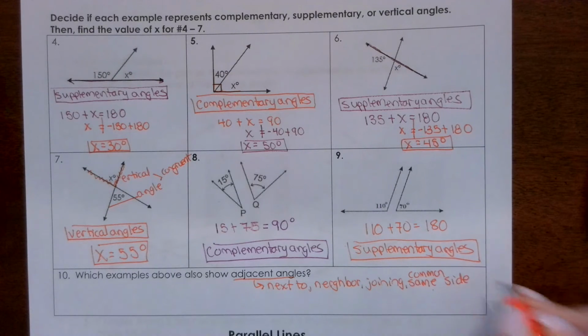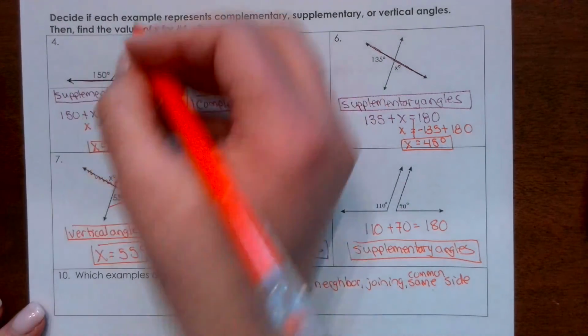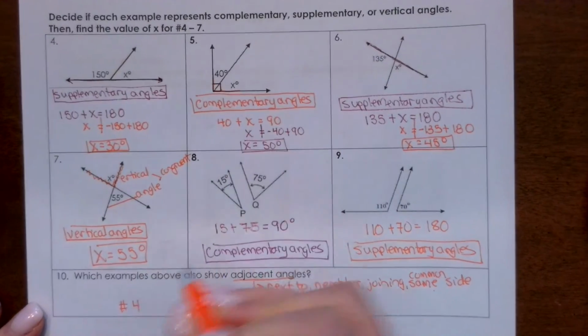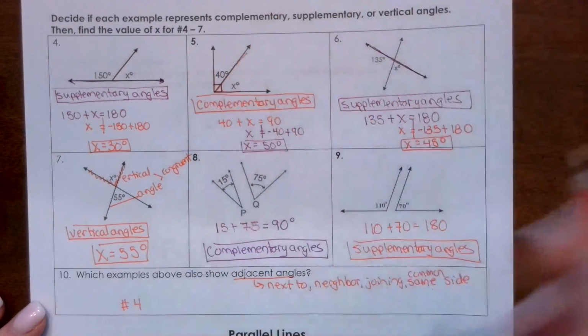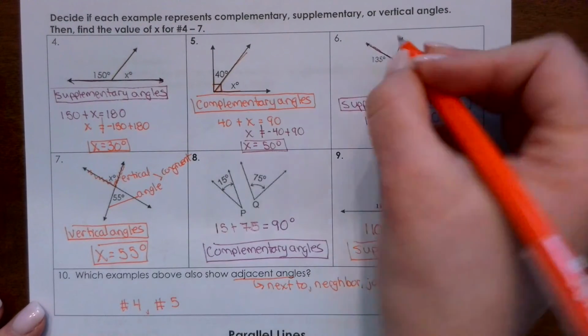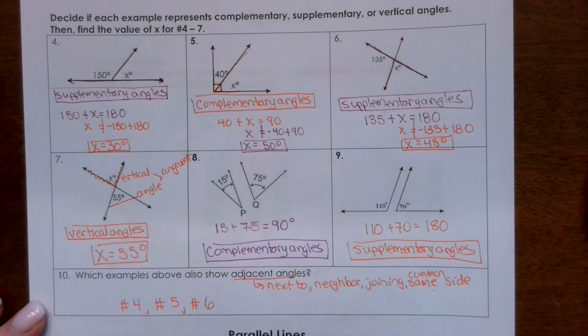So let's take a look at angles that have common sides. Well, it looks like this angle has a common side, so number 4. These two angles have a common side, so I would say number 5. These two angles have a common side, so number 6.